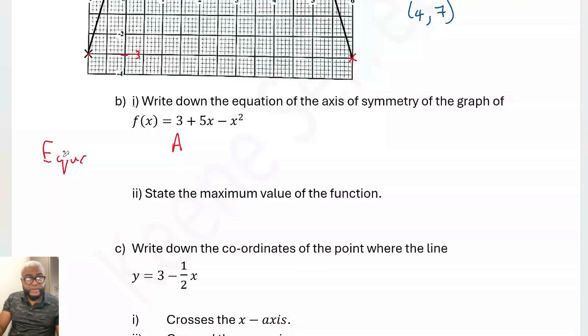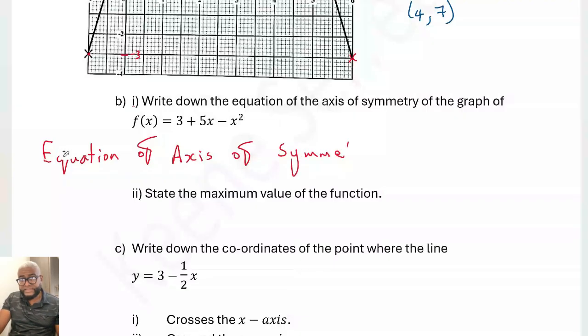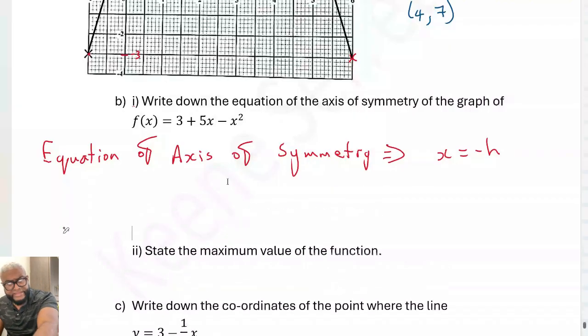So the equation of the axis of symmetry is given by x is equal to negative h, right? Did we have negative h and k here?